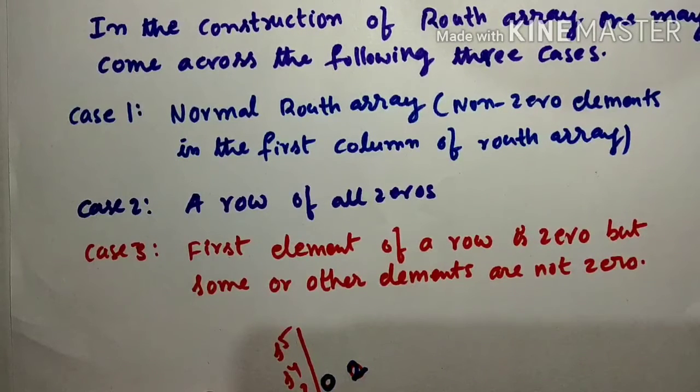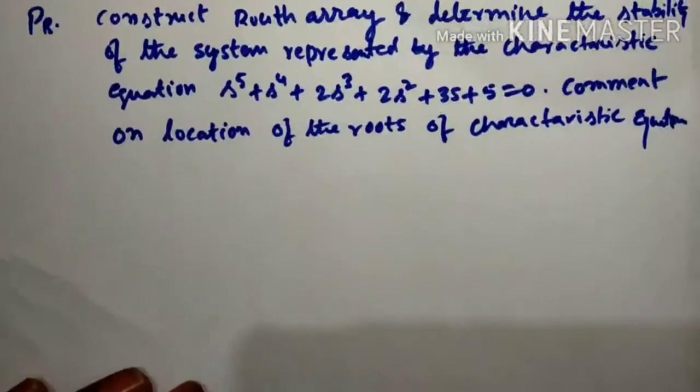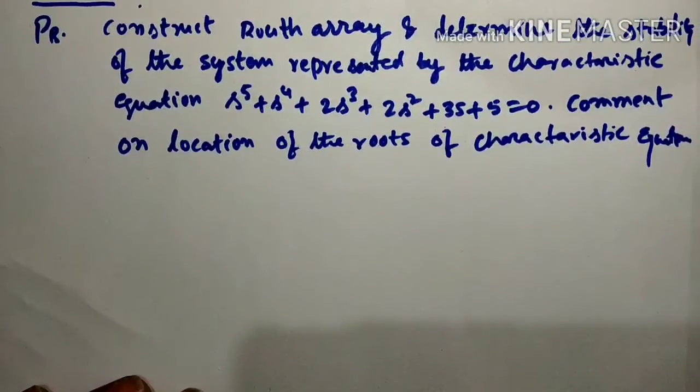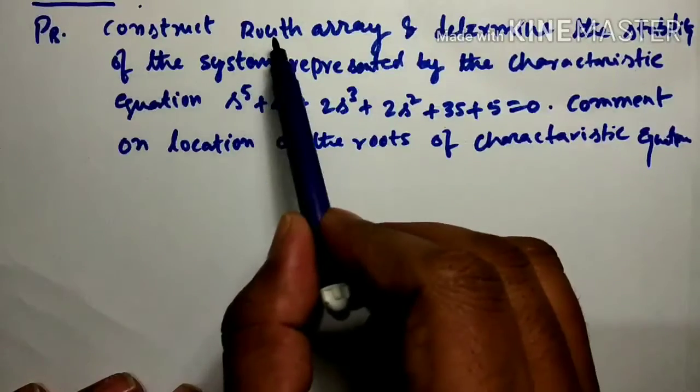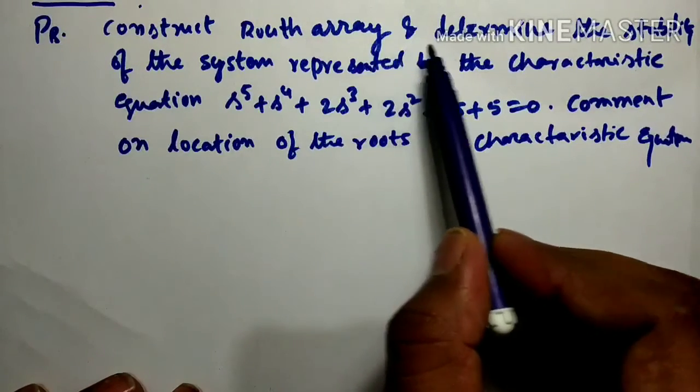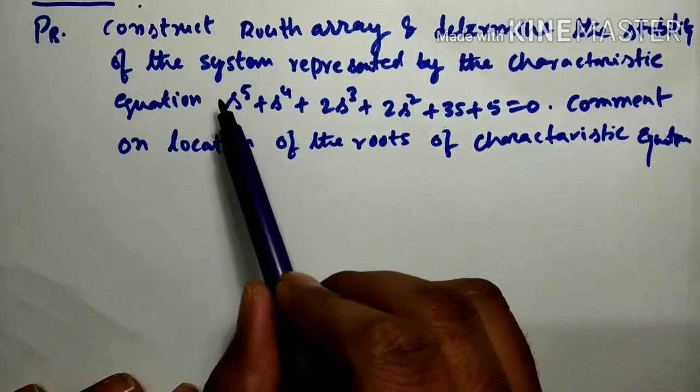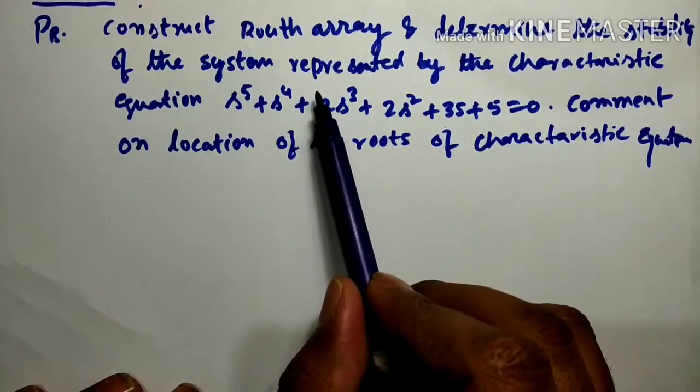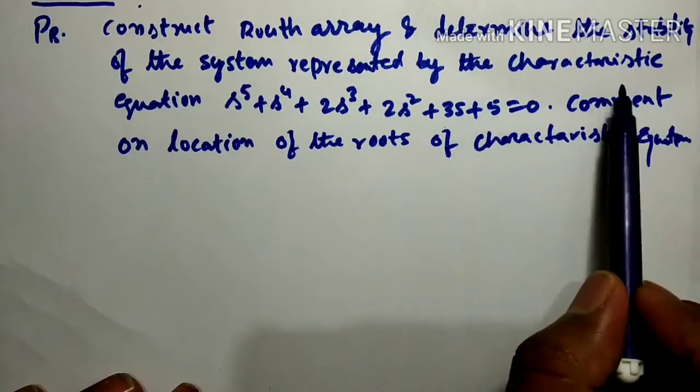Today we are going to do a problem on the third case. The problem is: construct the Routh array and determine the stability of the system represented by the characteristic equation.